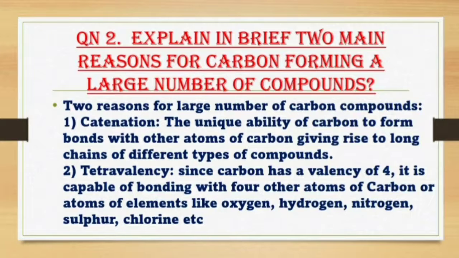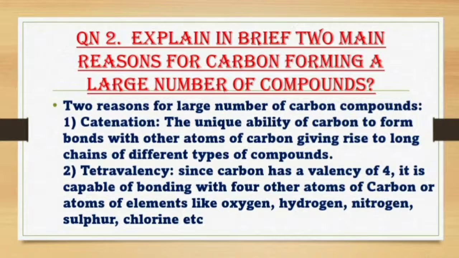The second question is, explain in brief 2 main reasons for carbon forming a large number of compounds. The 2 reasons are catenation and tetravalency. And you need to define what is catenation and what is tetravalency.